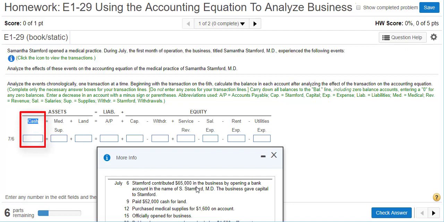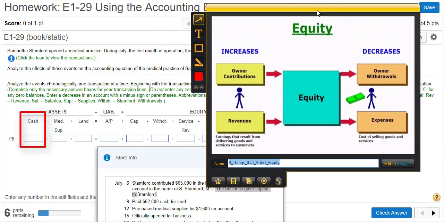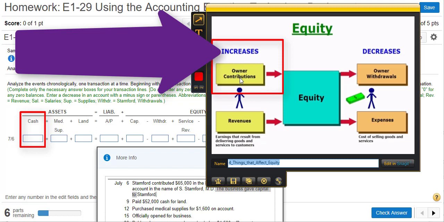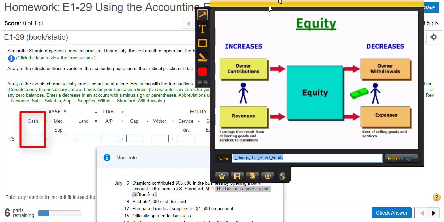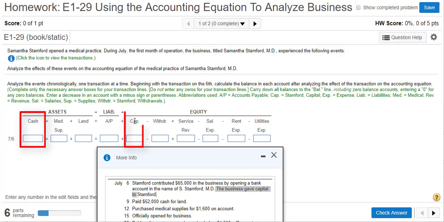And the explanation says the business gave capital to Stanford. So really what's going on is she has made an owner contribution. And how do owner contributions, by the way, affect equity? They increase it. Whenever there's an owner contribution, that contribution goes directly into the capital account.